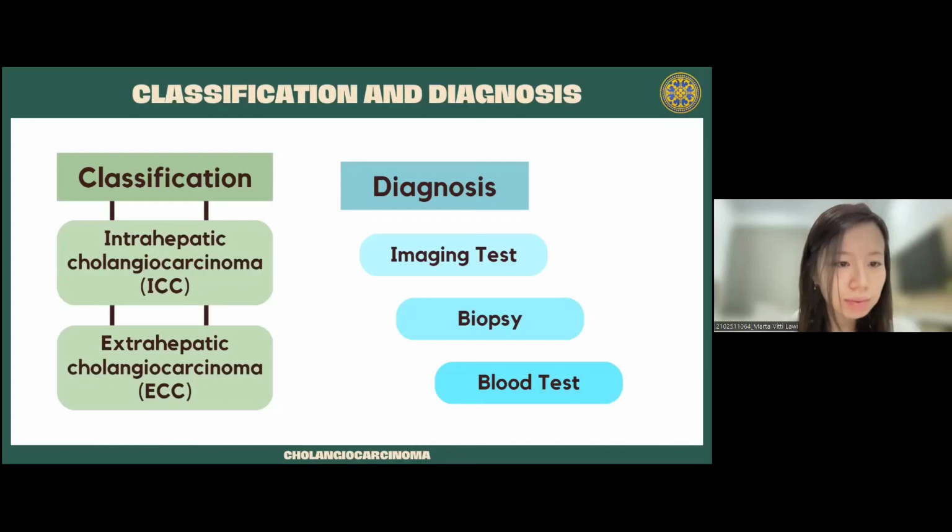Second, biopsy is usually used to confirm the diagnosis of cholangiocarcinoma, and the last is blood tests, which can also be useful. Elevated levels of certain liver enzymes can indicate liver or biliary tract disease. Additionally, elevated levels of a protein called CA19-9 in the blood may suggest the presence of biliary tract cancer, including cholangiocarcinoma. That's all from me. Thank you.